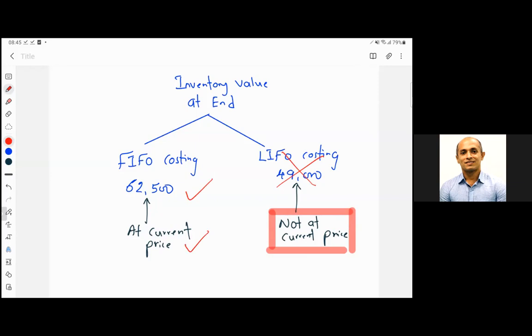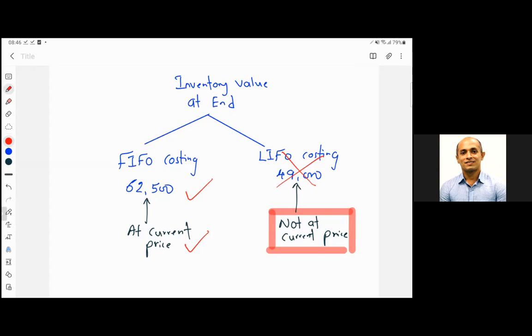So you should have this knowledge. Then when you do the analysis, you see how your company does inventory costing. Accordingly, you can see this kind of issue in the financial statement.